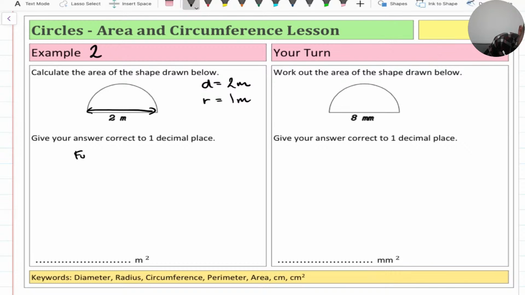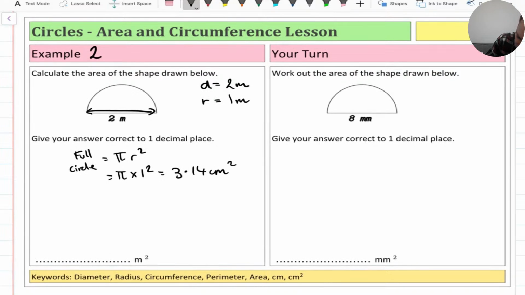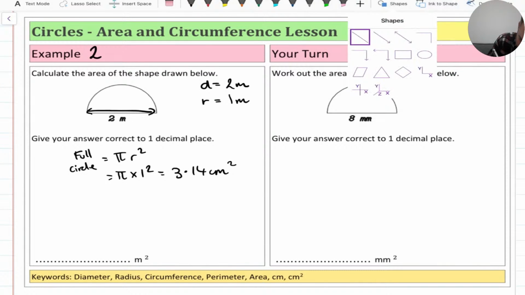A full circle is equal to pi r squared. In this case, that's going to be equal to pi times 1 squared, which is equal to 3.14 centimeters squared. That there is for a full circle, but we don't want the full circle. We want a semicircle.